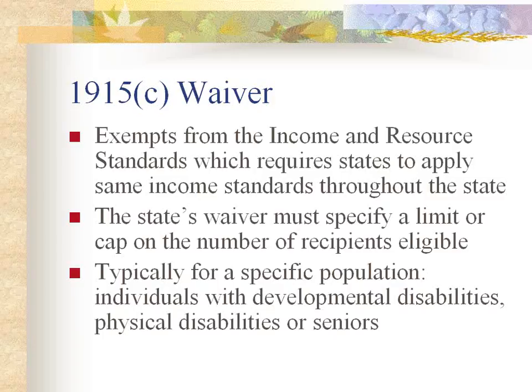So there is a cap on this, which is sometimes why there's a waiting list. Someone is waiting in an institutional environment to be able to go back home because of this cap on the number of people who can be in a waiver, in addition to the length of time it takes to pull together all the justification, the medical justification for a waiver. So typically this is for a specific population, individuals with developmental disabilities, physical disabilities, or seniors.